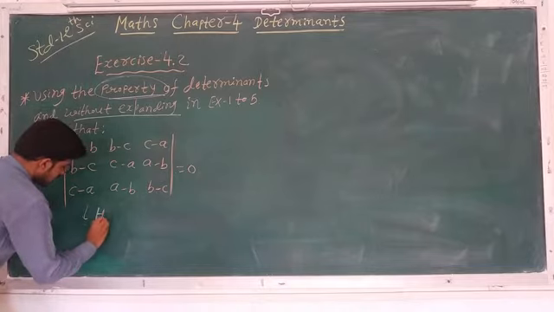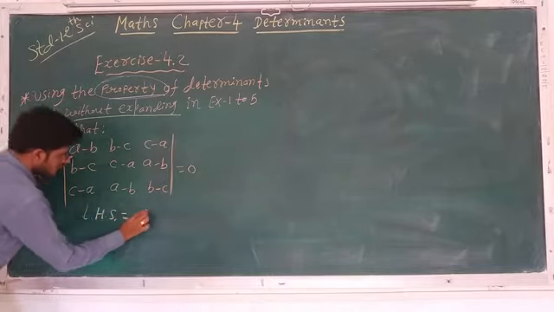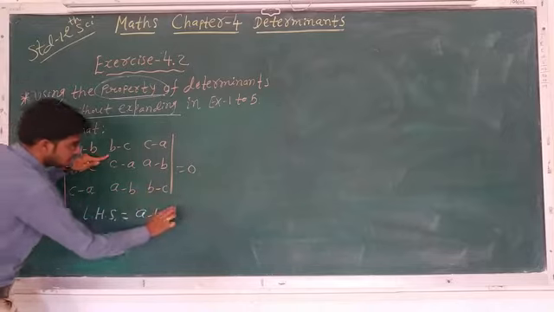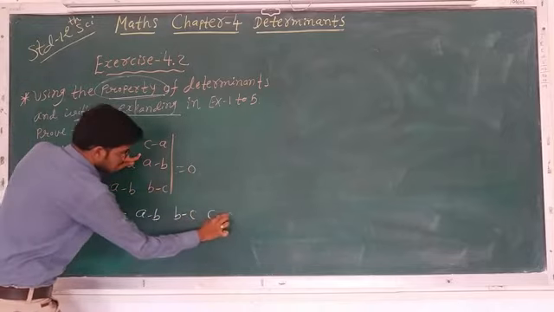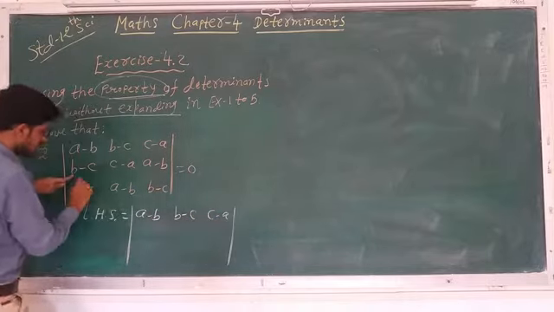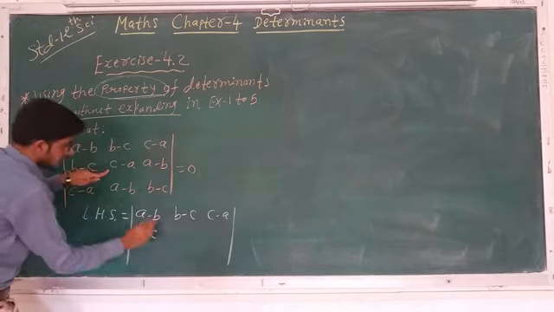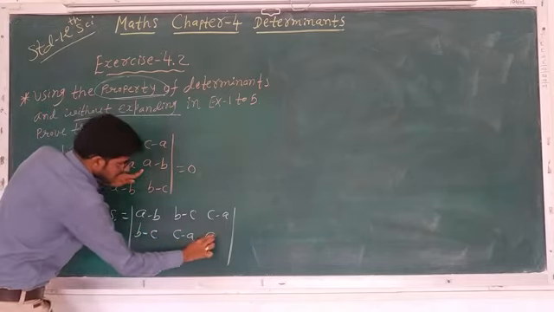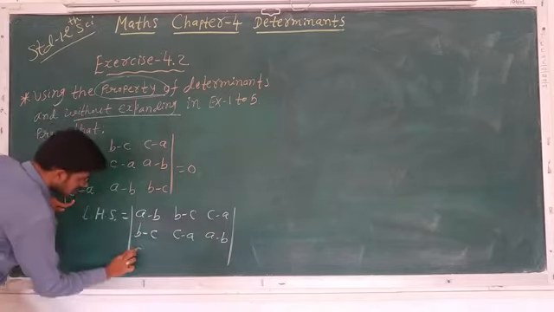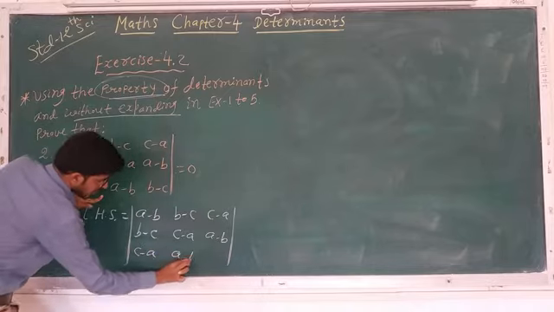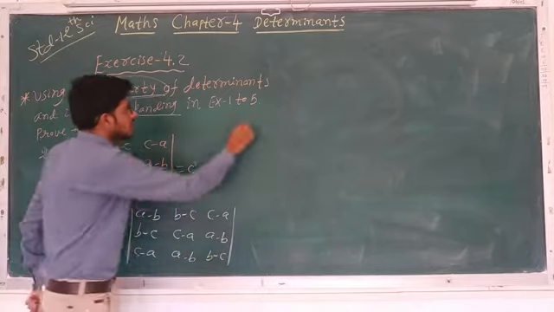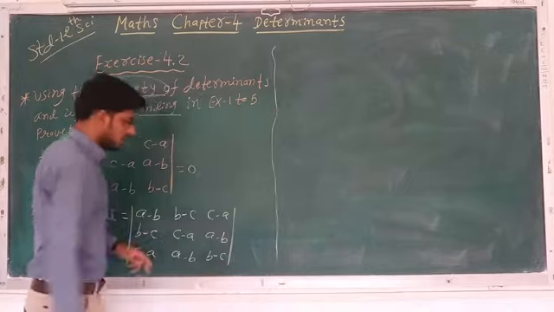So the left hand side is equal to: first row a minus b, b minus c, c minus a. Second row b minus c, c minus a, a minus b, and third row c minus a, a minus b, b minus c. Now we have to apply the sixth property.